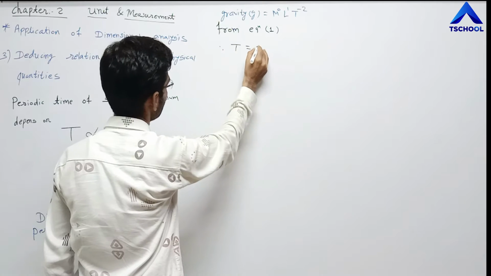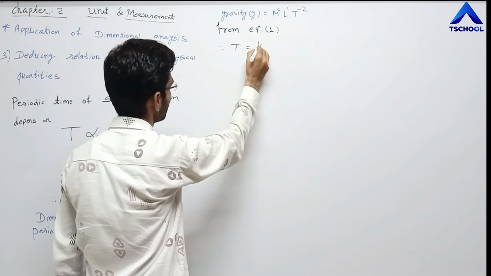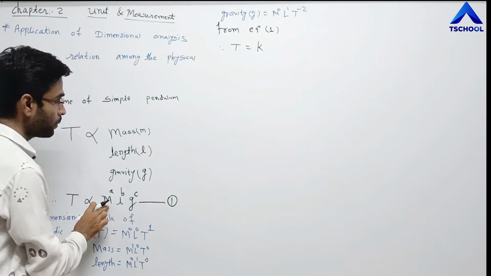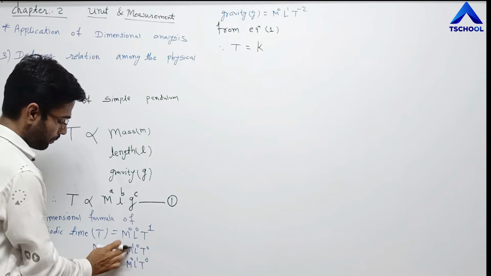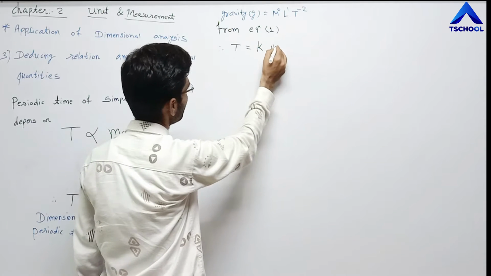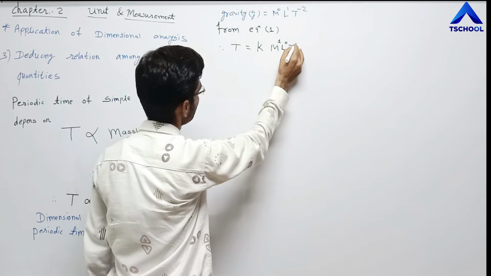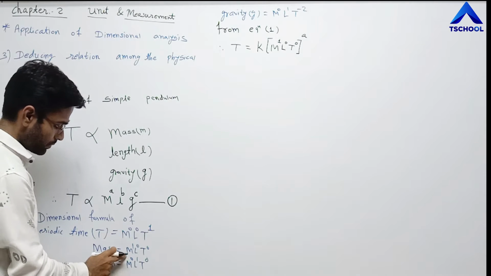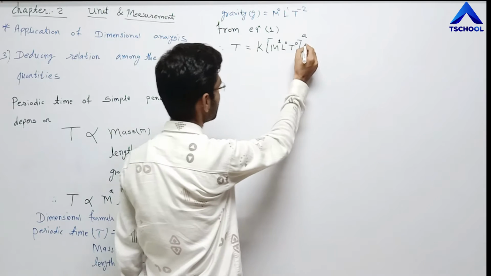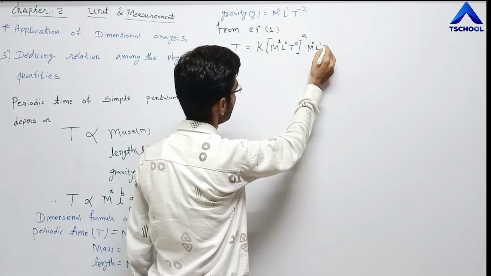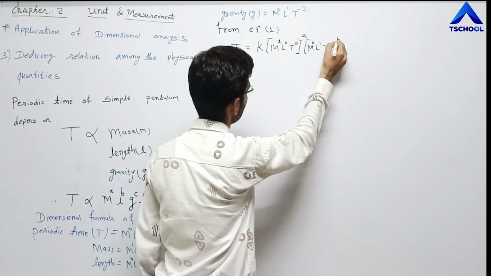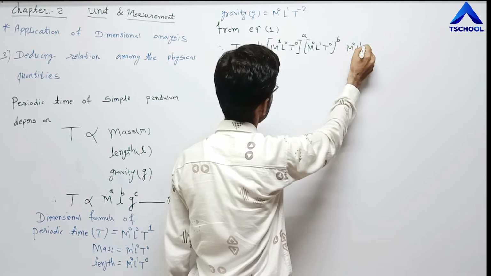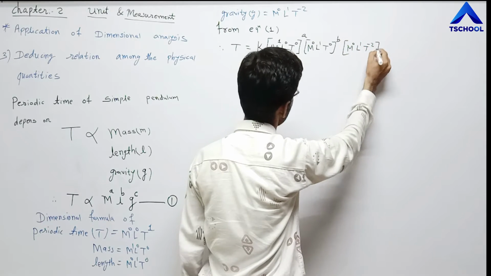if we remove the proportionality sign, then with proportionality constant k, T is equal to k, m1 l0 t0 power a, length m0 l1 t0 power b, acceleration due to gravity m0 l1 t minus 2 power c.